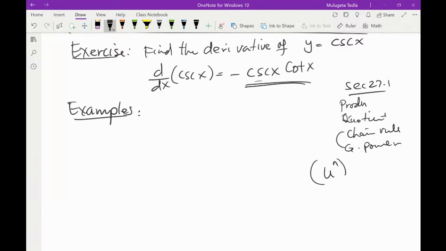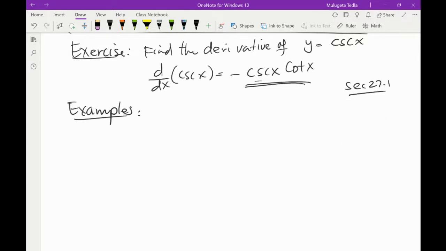It's like u to the power of n, the derivative is n u to the n minus 1 du by dx. So we did all this. I think the same thing will apply here. We're going to have different functions, but the same application will be on those questions.